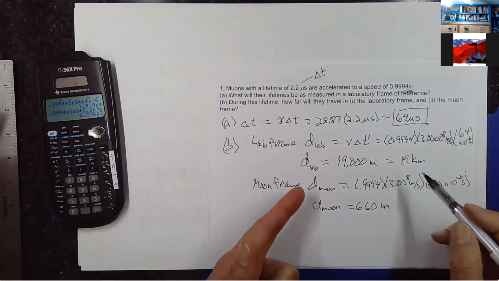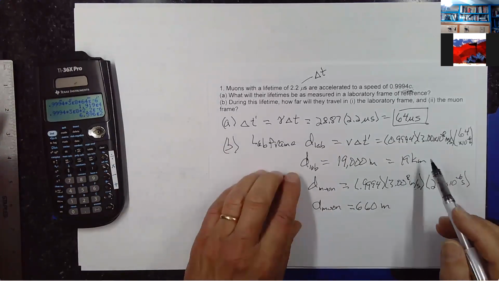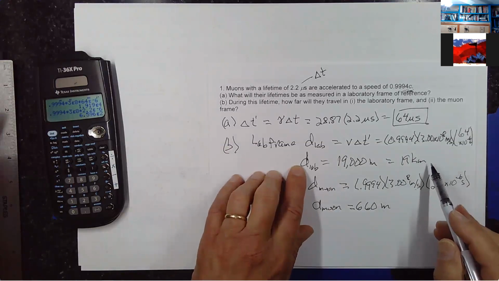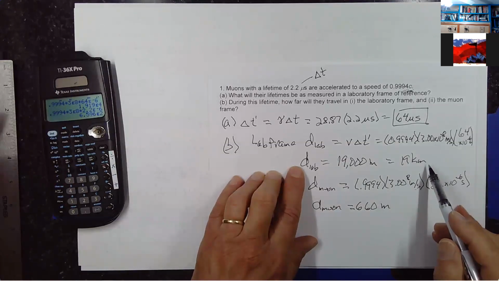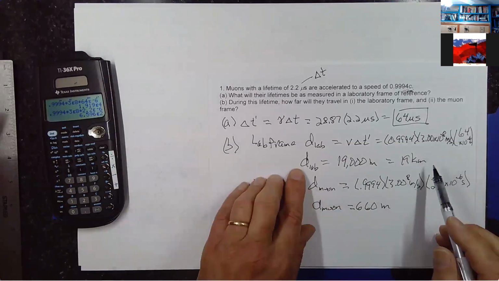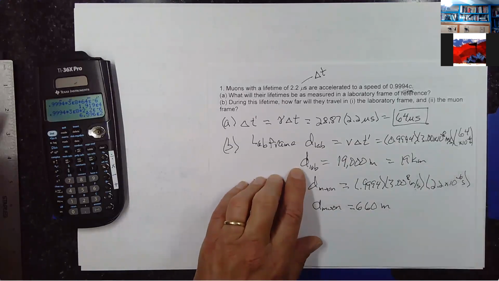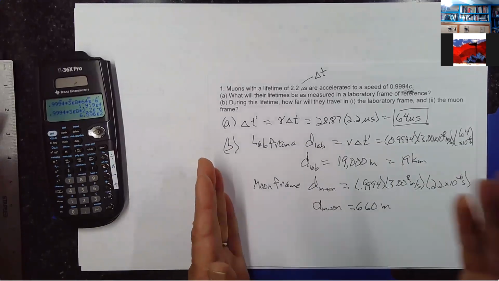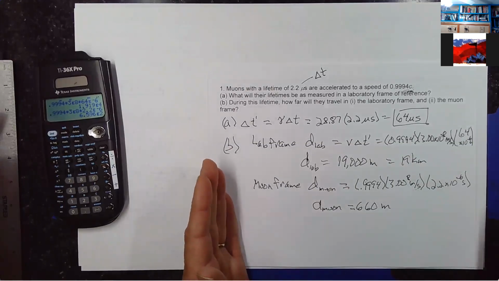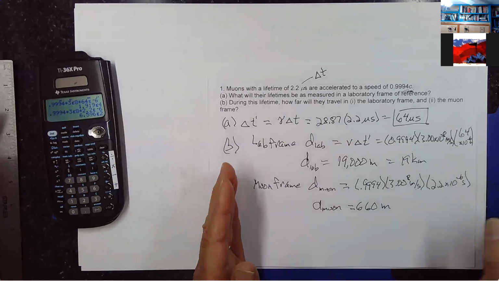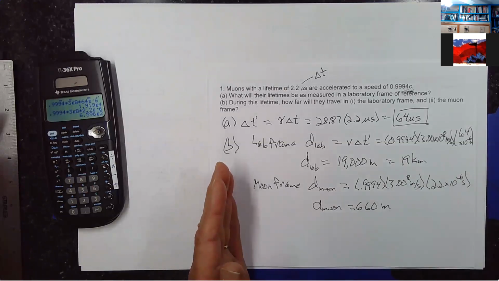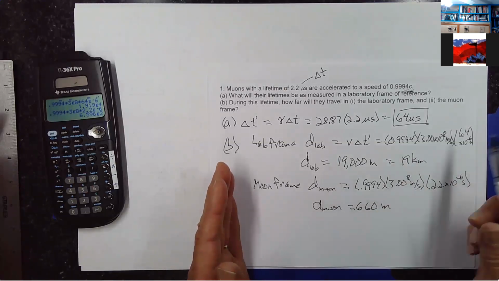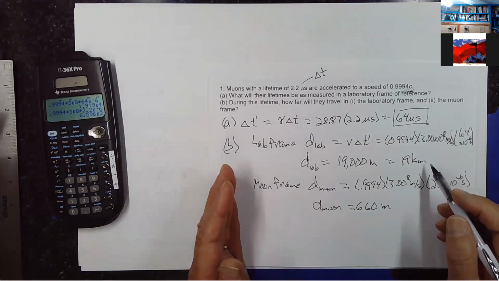Now, here's something. This lab distance is something that someone in the laboratory could take a tape measure and measure. They could have one observer who sees where the muons are created, and have other observers strung out along the particle path until they see it decaying.